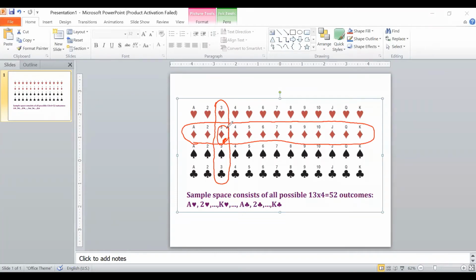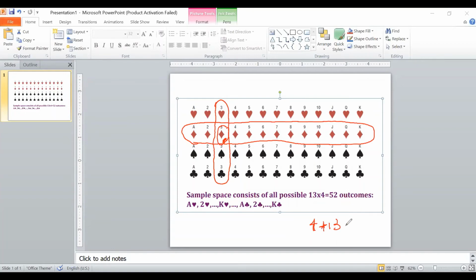For the event getting 3, there are 4 possibilities, and getting diamond, there are 13 possibilities. But here the 3 is repeated.